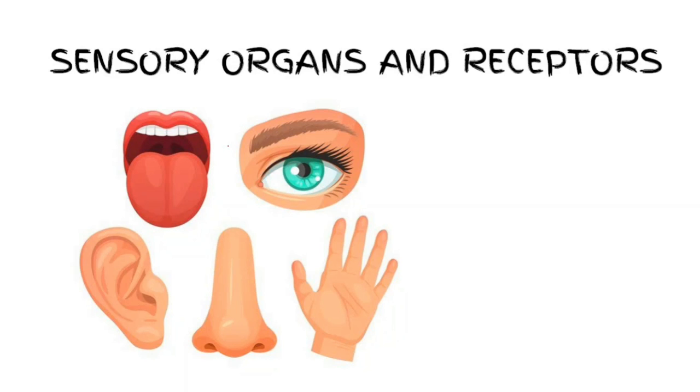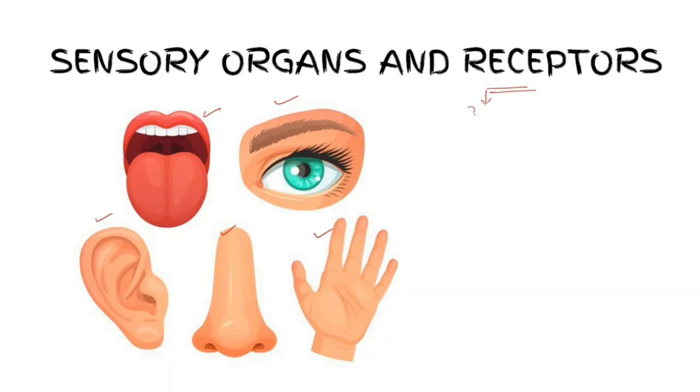Basically, human beings have well-developed sensory organs, right? We sense a lot of things that are happening around us with the help of our tongue, eyes, ears, nose, and with the help of our skin. There are certain specialized cells present in our sense organs to detect the stimuli. These are called receptors.